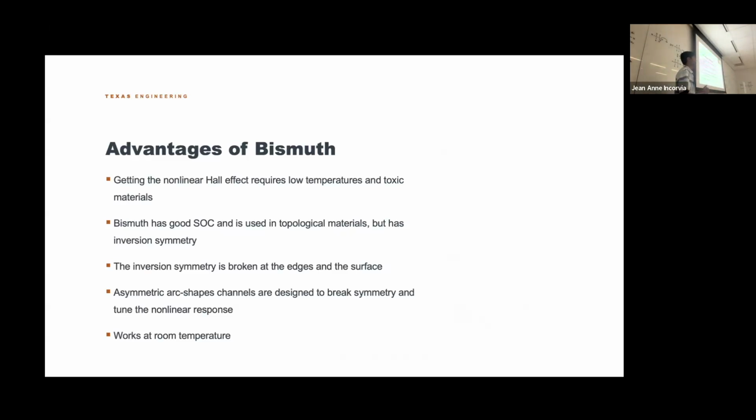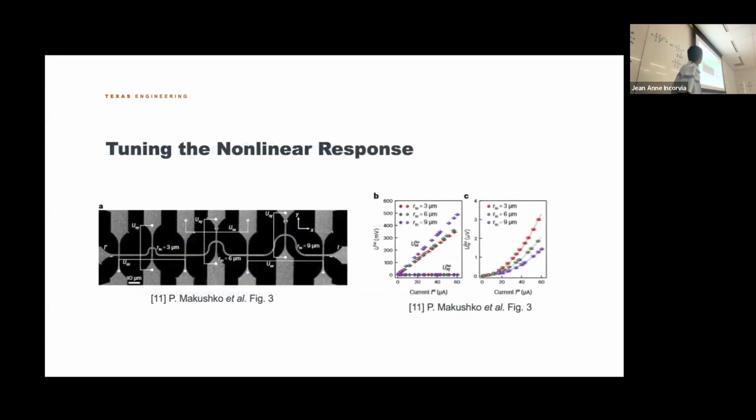So a lot of the things they do is create a bunch of arcs, which will help you get them. Over here, these would be the different arcs, giving you different nonlinear responses. Oh, and the nonlinear response is usually a quadratic response between the applied voltage and the current you get out of it.